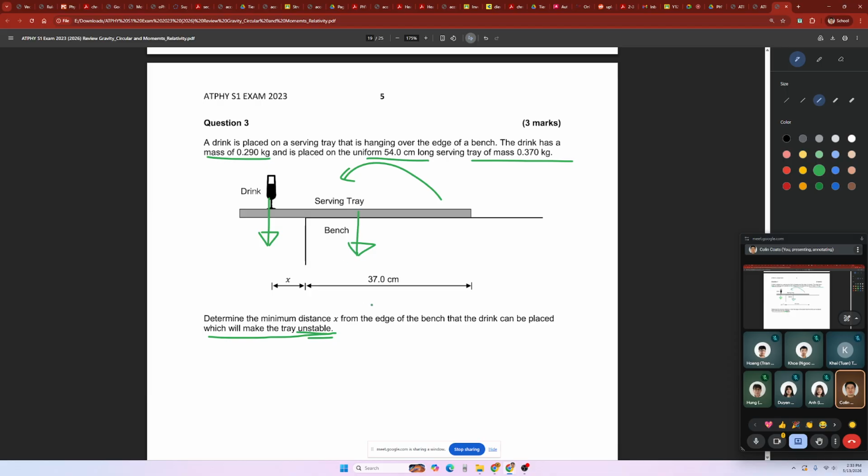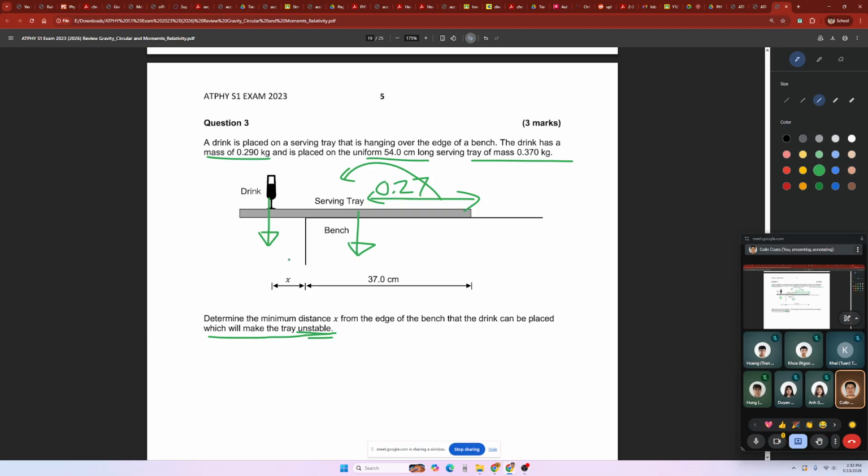And we have to determine the tray is this, so we know this distance, by the way, for the tray. It's half of that. You can just do it quickly in your head. Calculator's fine too. Okay. We have that. This is X. That's what we want to find. And we've got to set up our equation from this.